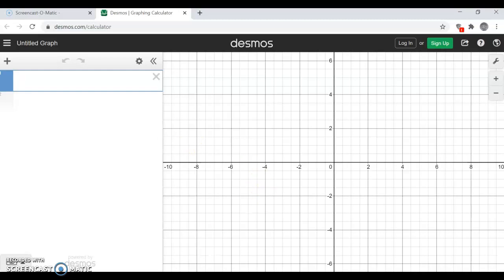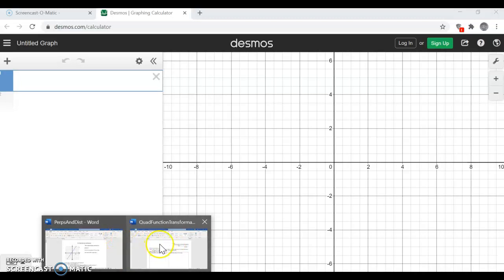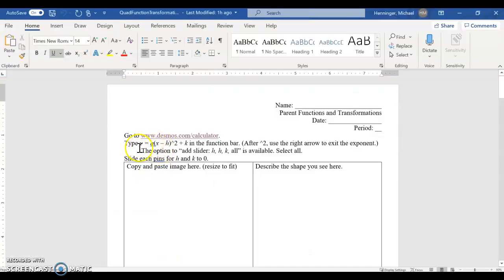Okay, now we want to come back and get this function that we want. We want to type y equals a times the quantity x minus h quantity squared plus k in the function bar. Now note, after we type that raising to the power of 2, we need to use that right arrow to exit the exponent.